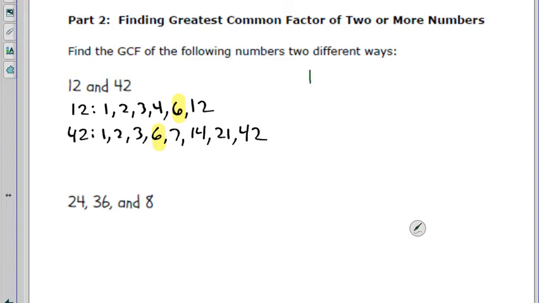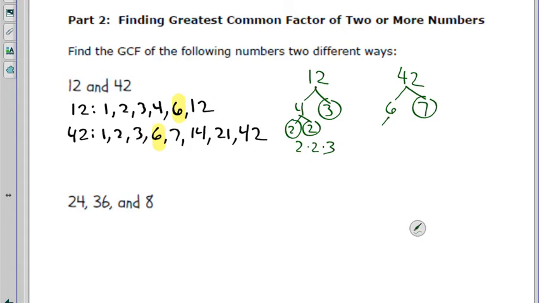All right, I'm going to show you the factor tree method now. The factor tree method involves doing factor trees, prime factorizations for the two numbers. Okay, so I get 2 and 2. So this is 2 times 3. And 42, that's just 6 times 7. That's prime, and that's 2 times 3. So this didn't take too long. Didn't take too much mental energy.